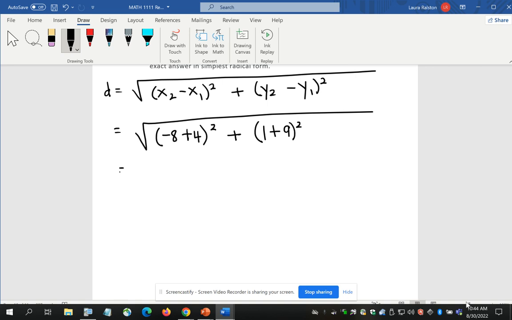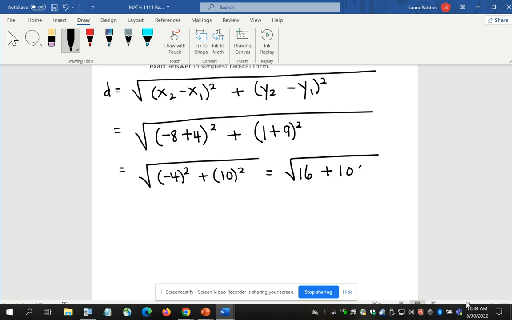So that gives me the square root of -4 squared plus 10 squared. So I have the square root of 16 plus 100. Watch your signs. -4 times -4 is positive 16. So that gives me the square root of 116.